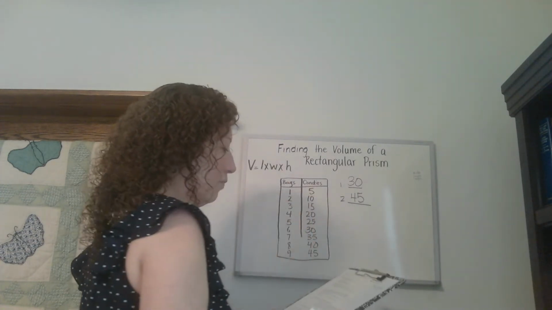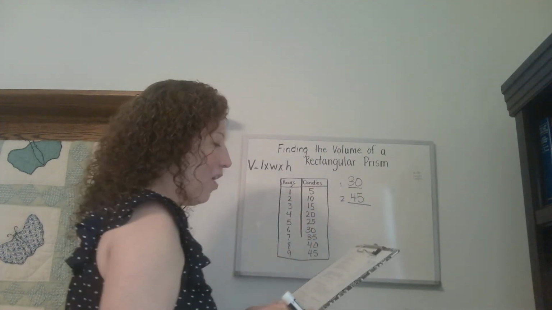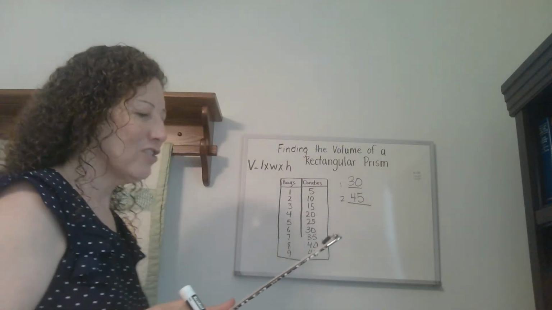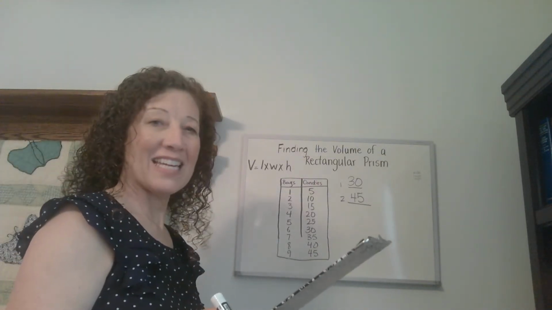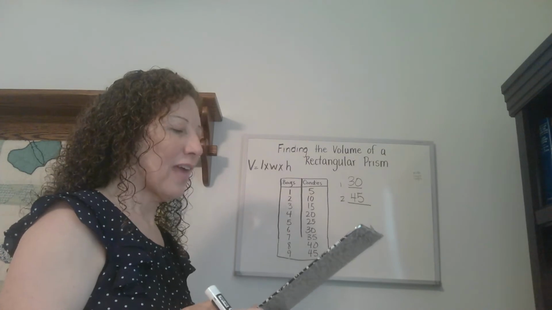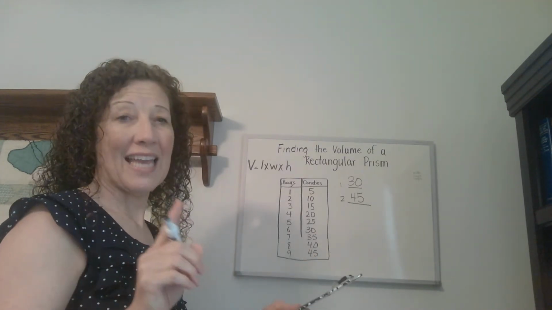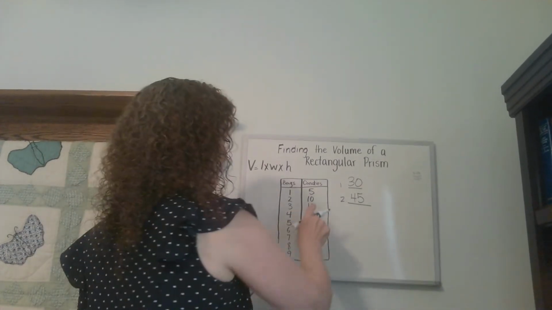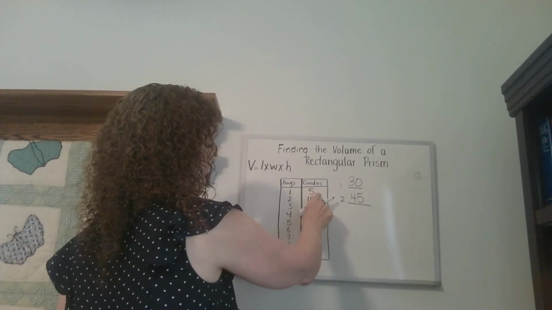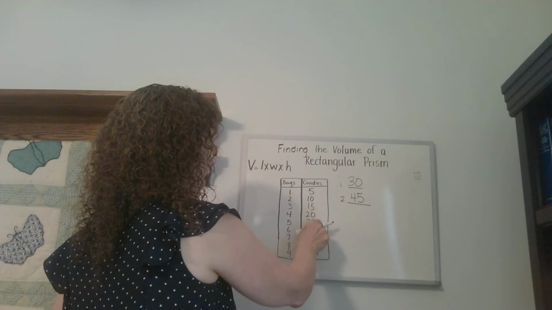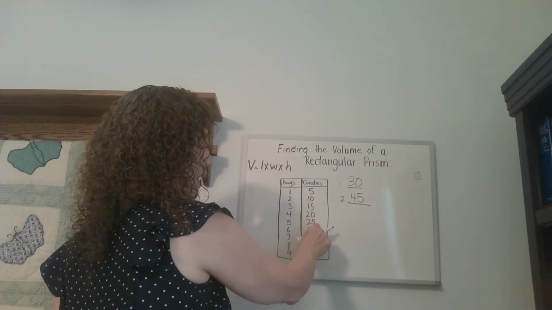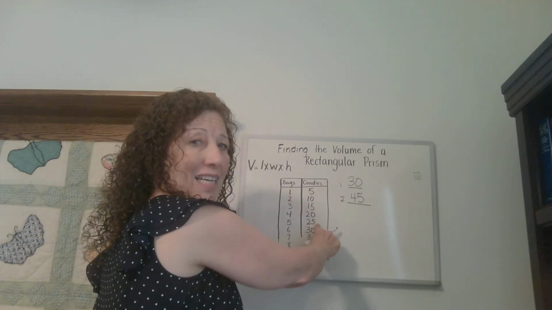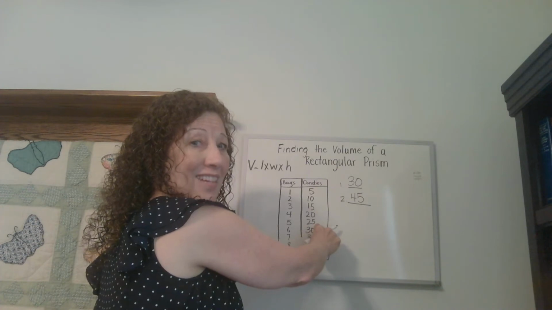All right, looking at the next one, there are 37 grade 2 children. How many bags of candies are needed so that each child can have 1 candy? All right, so there's 37 children. Let's look at our chart. We know we'd have to have at least, let's see, if we have 5 bags, is 25 less than 37?